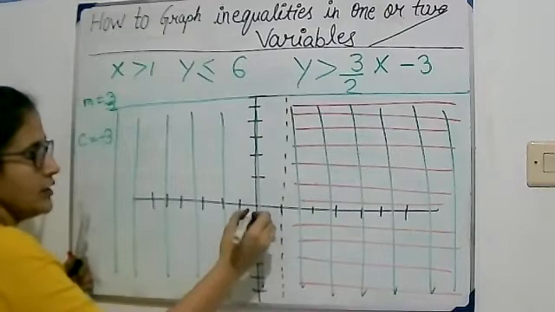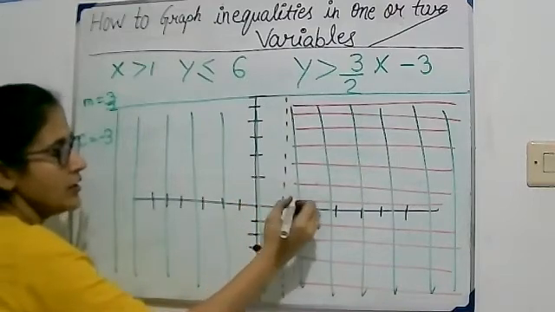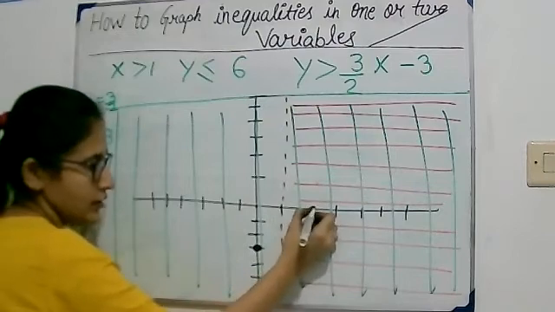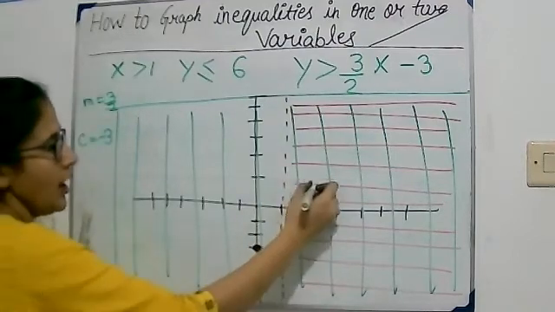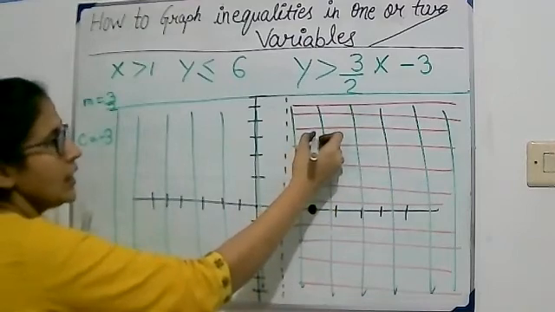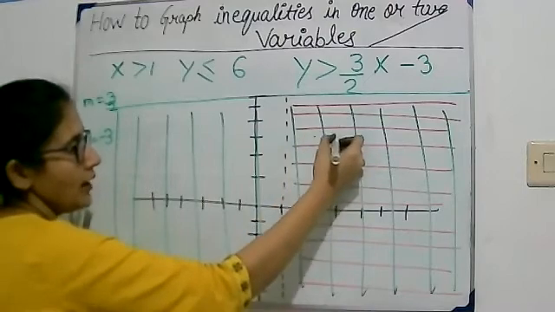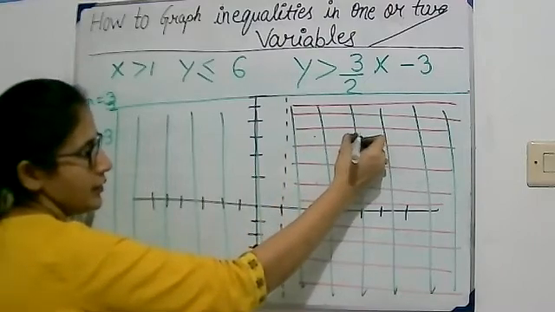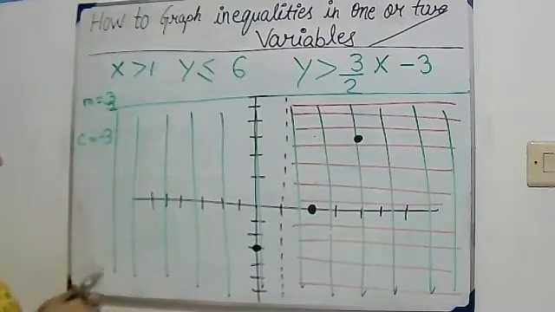3, 1, 2, 3, rise. Run is 1, 2. This point. Again rise 3, 1, 2, 3 here, and run is 2, 1, 2. This point. So now we have 3 points.